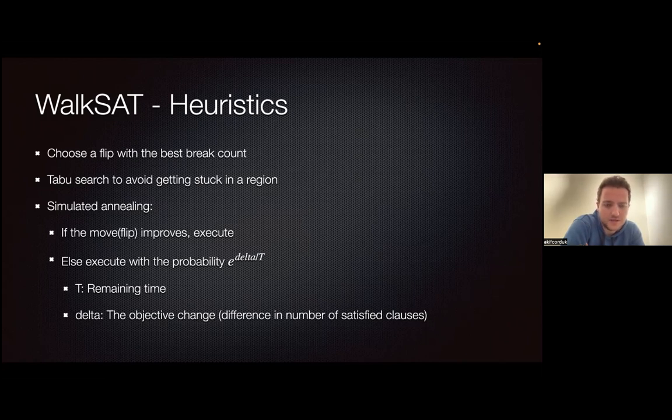You don't even need a specific heuristic: simulated annealing is a very generic framework that solves any optimization problem if you can represent a particular move. Here it's a variable flip; in other cases it might be something else. It's a generic framework for solving optimization problems.